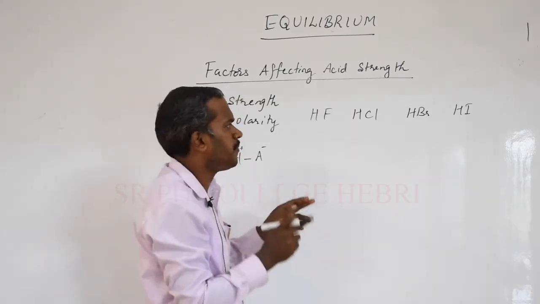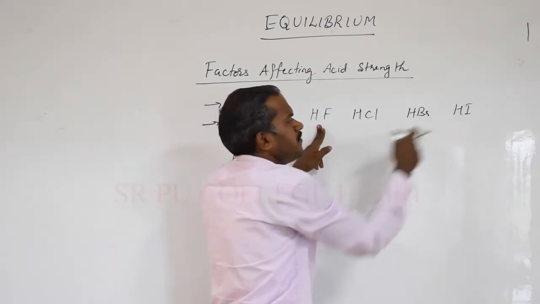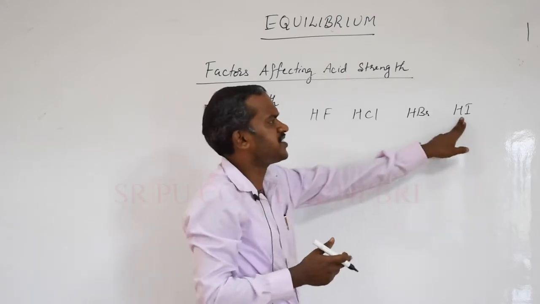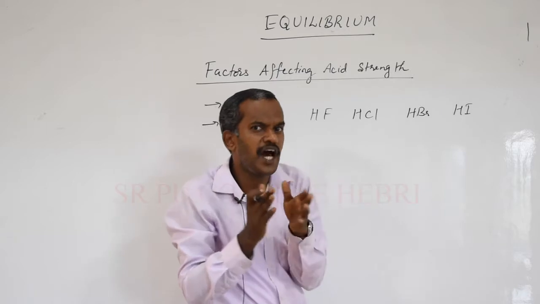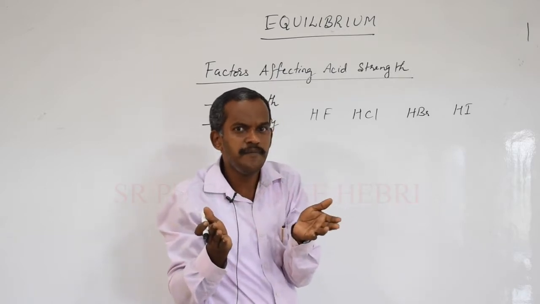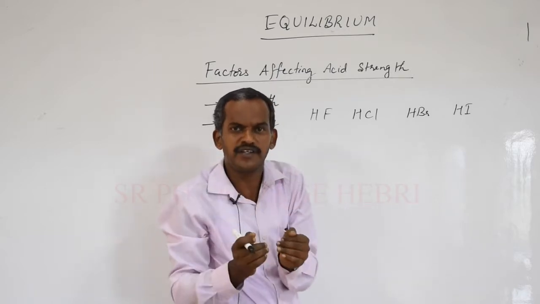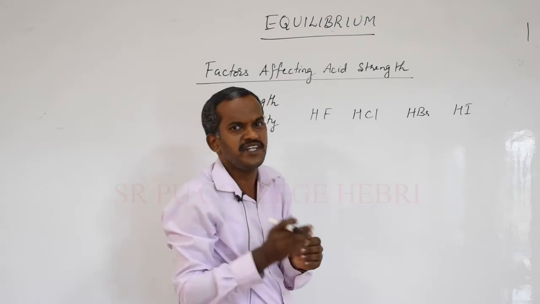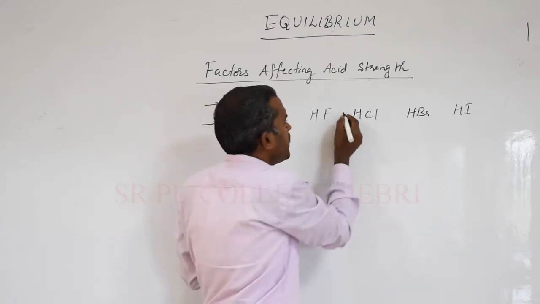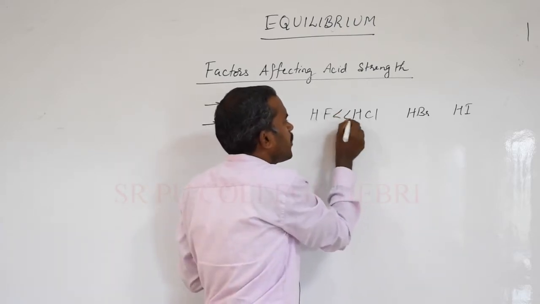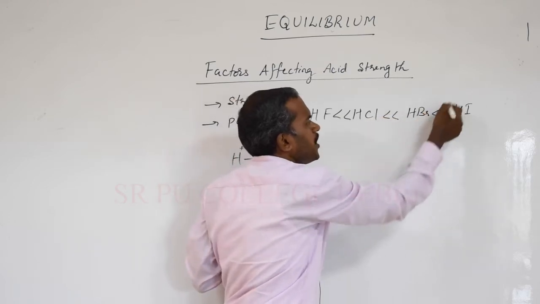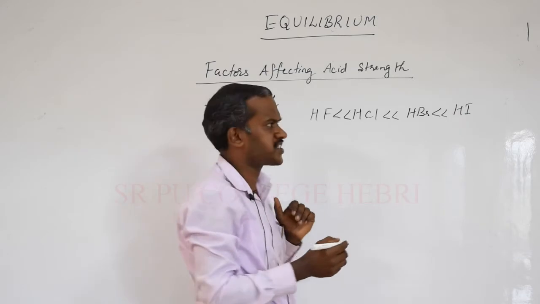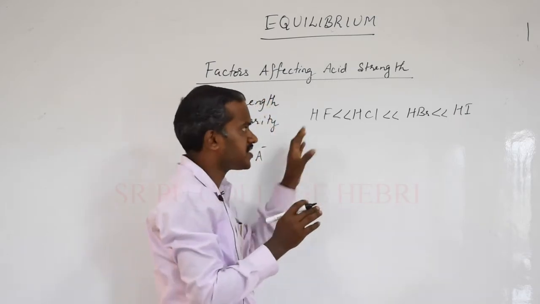So you can remember, among HF and HI, which is the strongest acid? It is HI. Why is HI a stronger acid? Because of the larger size of iodine, the strength of the bond decreases and dissociation becomes easy. So comparing hydrogen fluoride, hydrogen chloride, hydrogen bromide and hydrogen iodide, HI has the maximum acidic strength, as we compare down the group.